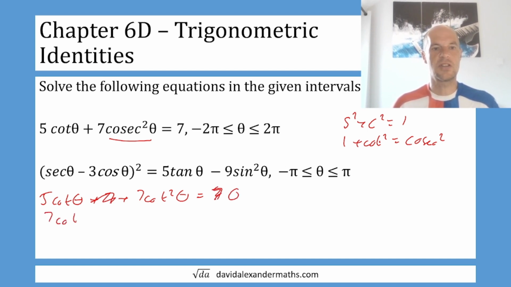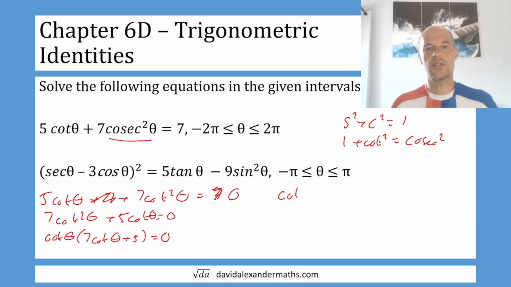So what I have is 7 cot squared theta plus 5 cot theta equals 0. So what I can say here is that I can factor out cot theta, and then 7 cot theta plus 5 equals 0. So therefore cot theta equals 0, and cot theta is negative 5 over 7.